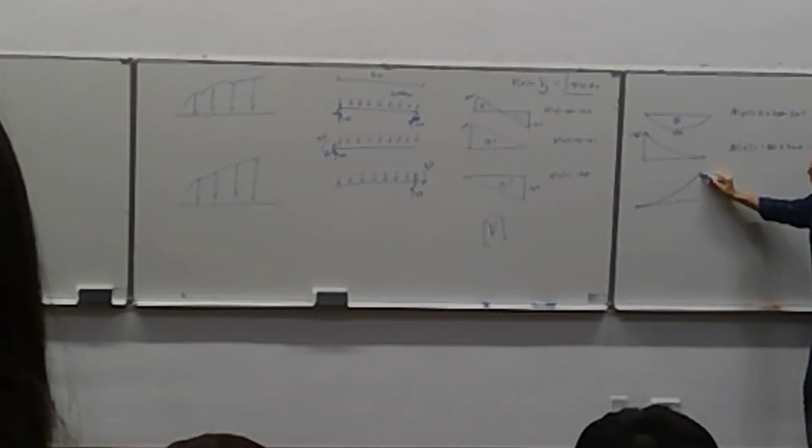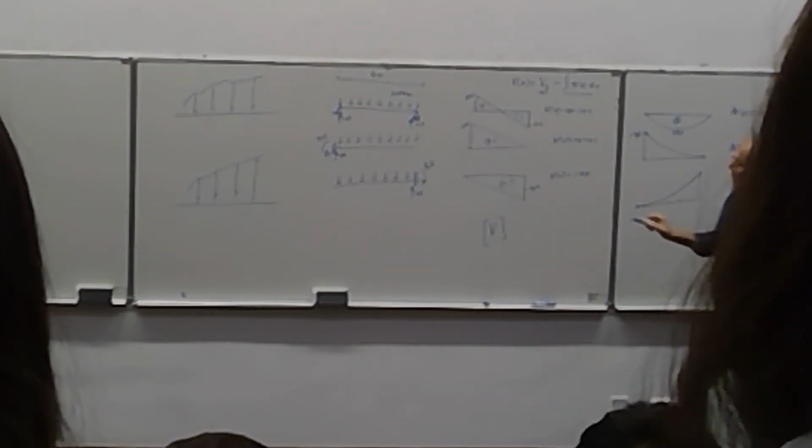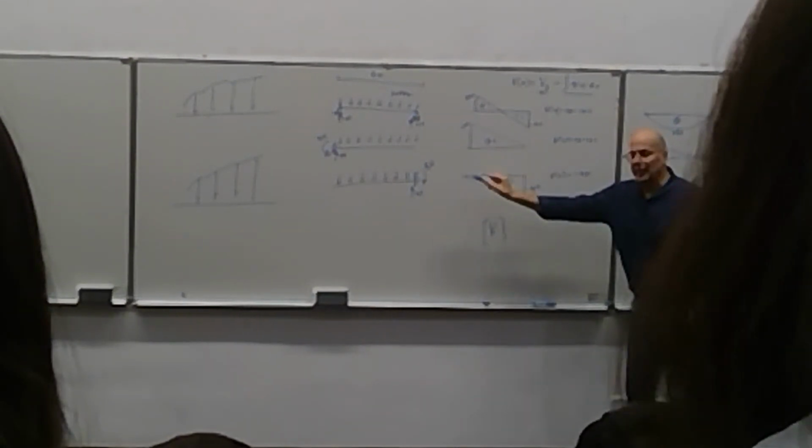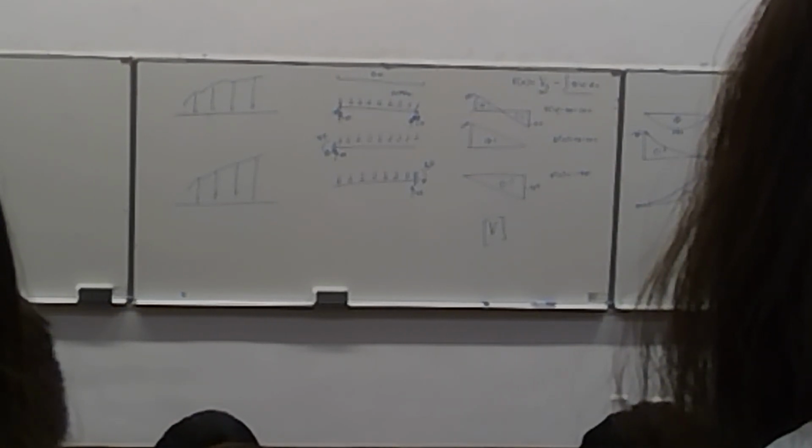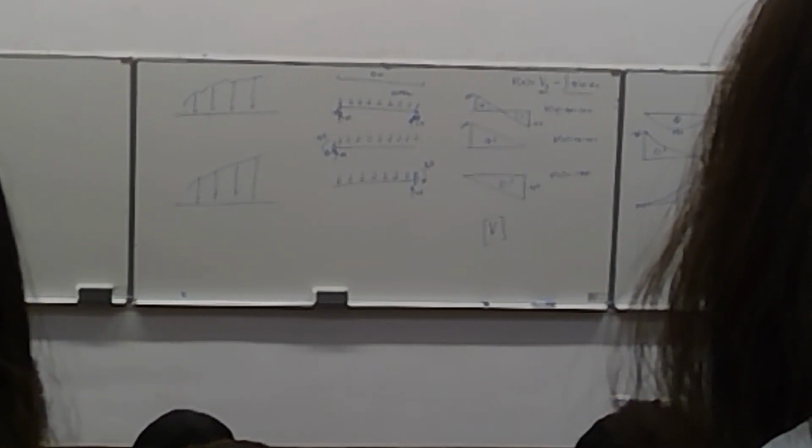And how much moment will I lose? The area under the shear diagram, which is 40 times 4 over 2, I will end up at minus 80. So this is negative, this is positive. So what is the expression for the moment in this case? The expression is the starting value, which was 0, minus the integral of this, which is minus 5x squared.